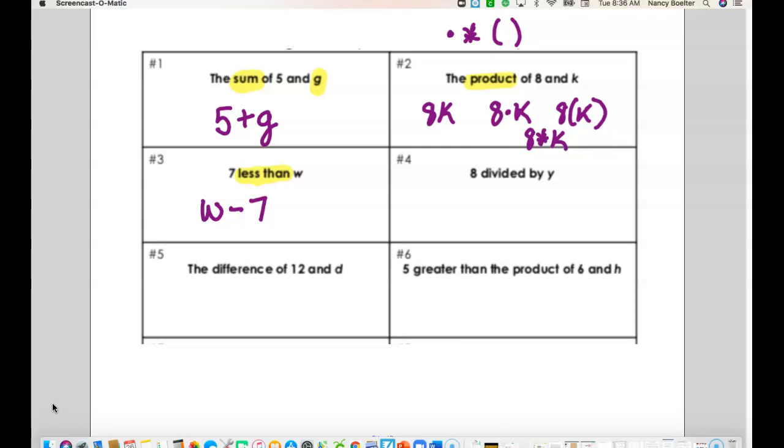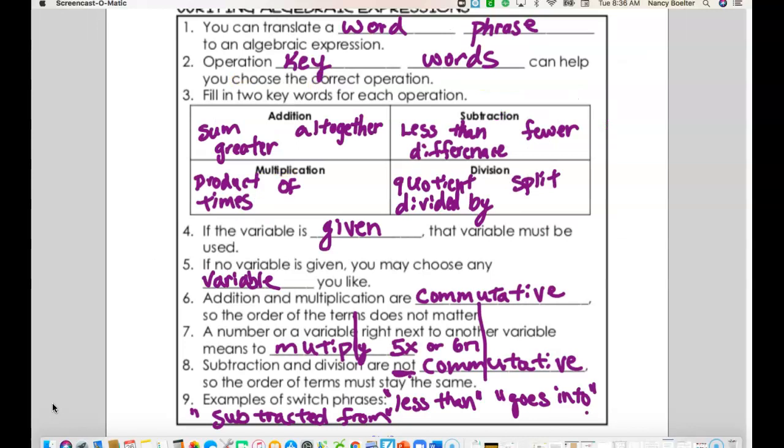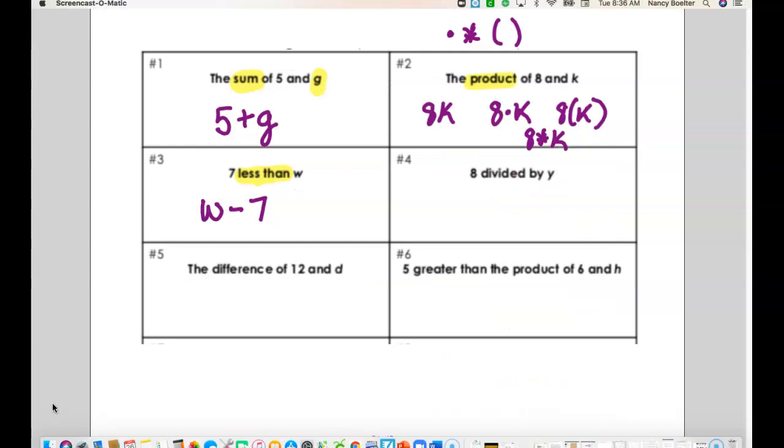Number 4, 8 divided by Y. So we don't need to switch it. That's not one of those switch phrases. So we could write it a couple of different ways again. We can do 8 divided by Y, or we can do 8 over Y. Either way would be correct.